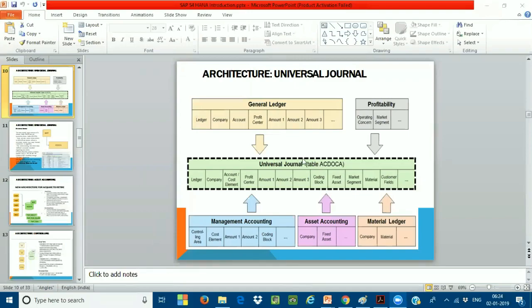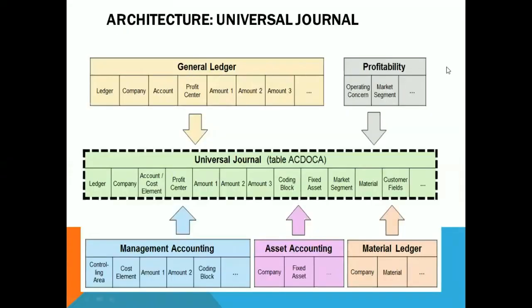It contains the fields about general ledger accounting, profitability analysis, management accounting, asset accounting, and the material ledger. This is going to be the central table we use for storing the data.